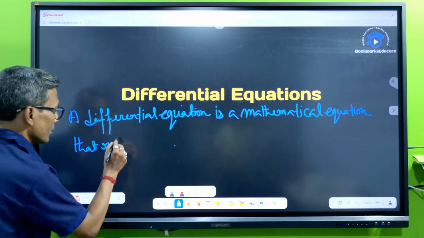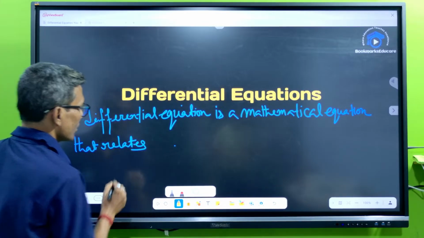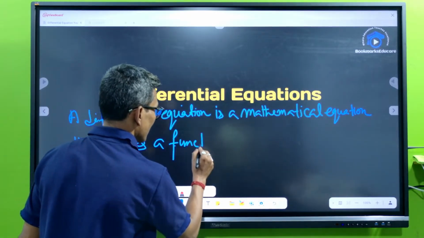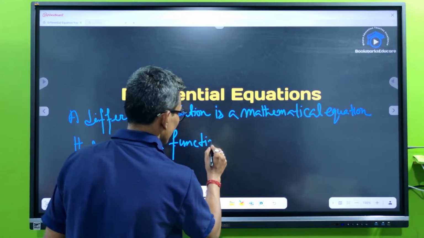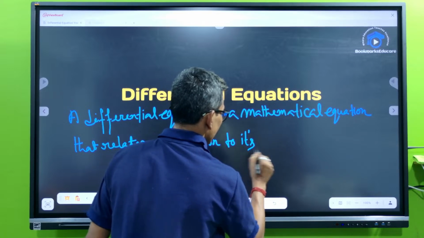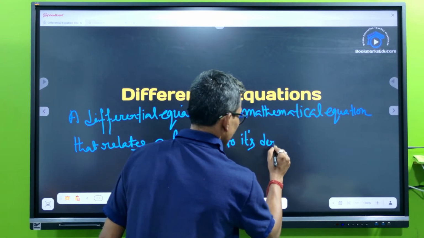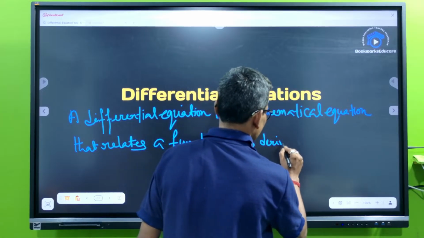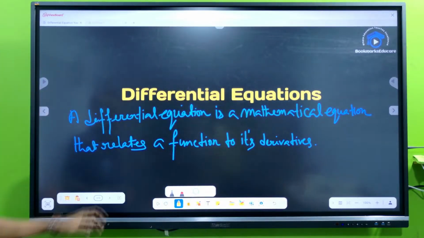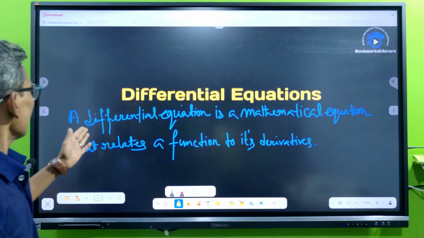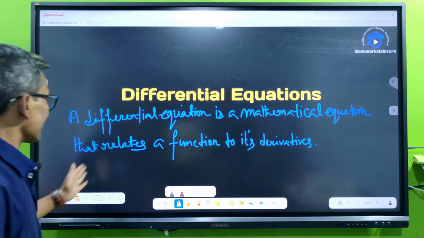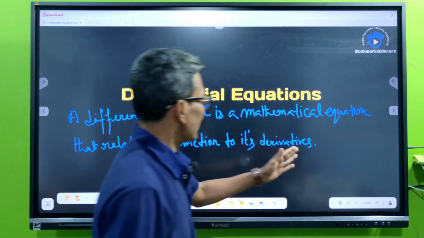So what is differential equation? A differential equation is a mathematical equation that relates a function to its derivatives.